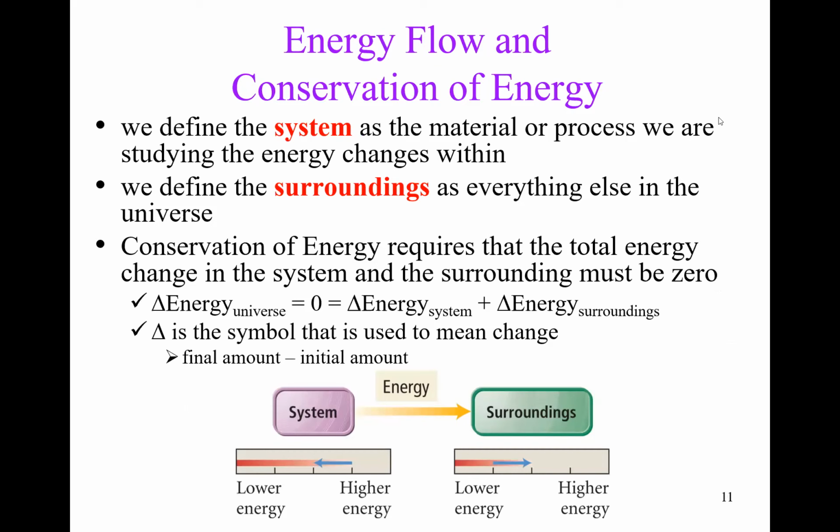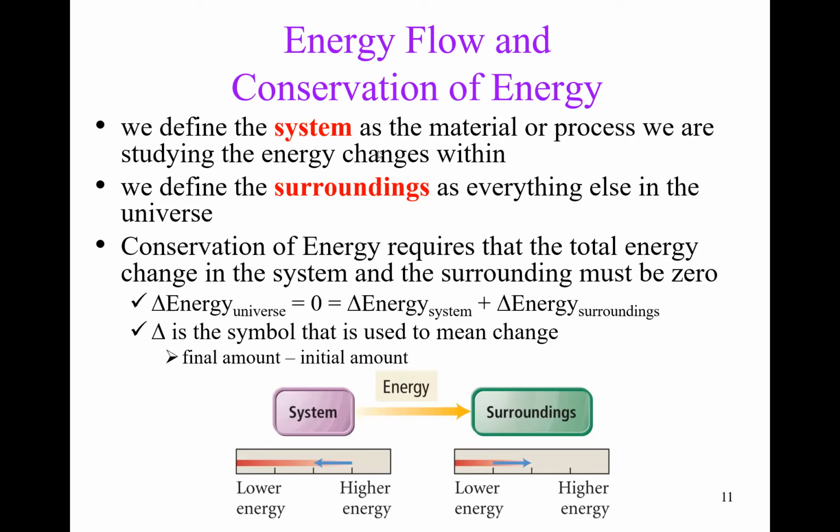All right, so in these chemical reactions, you're basically going to categorize everything into one of two ways here, either the system or the surroundings. The system is the thing you're interested in or looking at, and notice it states it rather generically.